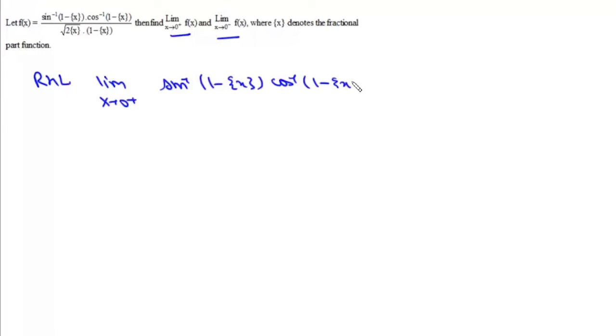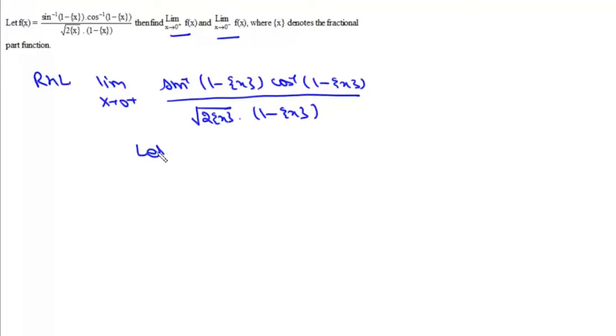Now here the question is, we are given this function f(x), we need to find the right hand limit and left hand limit. Now if we find the right hand limit, we are given that limit x tends to 0 positive, sine inverse (1 − fractional part of x) cos inverse (1 − fractional part of x) upon root 2 fractional part of x (1 − fractional part of x).